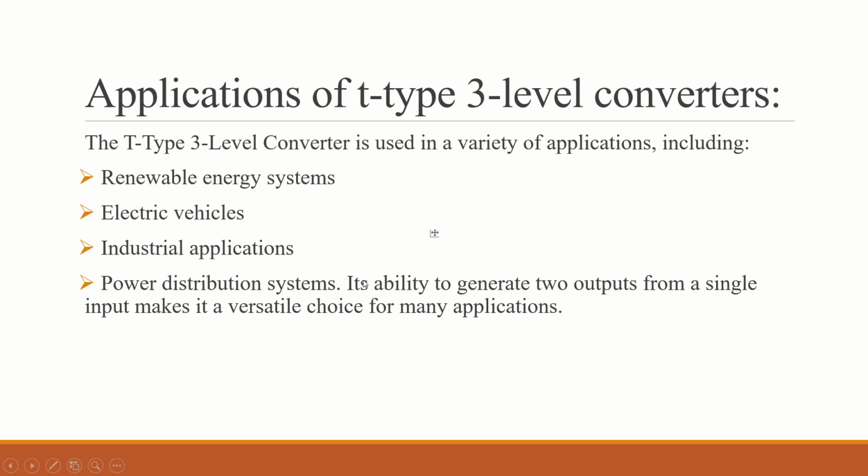We can use them in renewable energy systems and electric vehicles. In electric vehicles, we have front wheel and rear wheel. By giving a single input we get two outputs, one for the front wheel and another for the rear wheel, so it can save the cost of the motor and design, and it can be used in drives also.